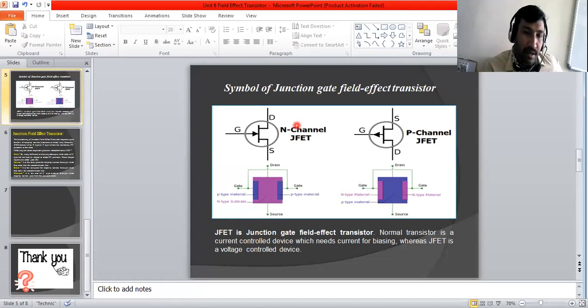Same here: if the arrow is towards the gate or source, it is called an N channel. If it is away from the gate or source, it is called the P channel. Here in a P channel, the majority charge is pentavalent.